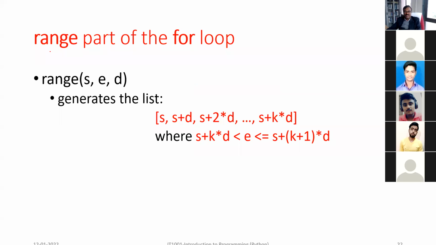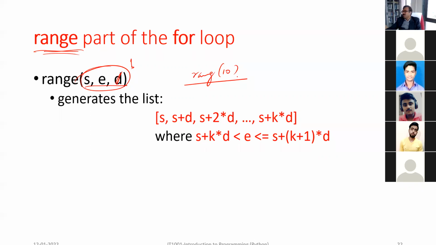So the range function, right? It's a very useful function which comes with 3 parameters, but you can give these parameters optionally. So you can give 2 parameters, then by default the third, the increment, will be 1, right? You can even give only 1 parameter, let's say range 10.